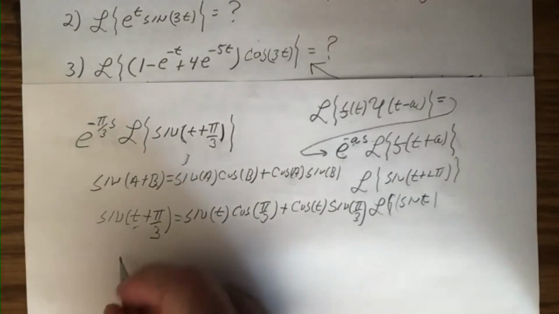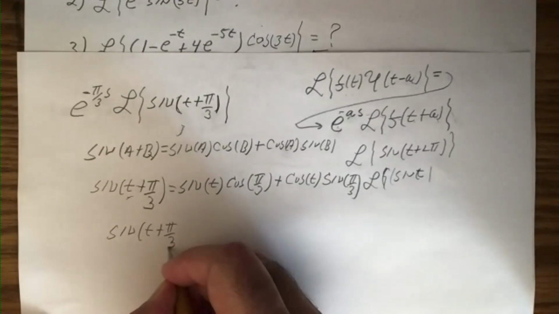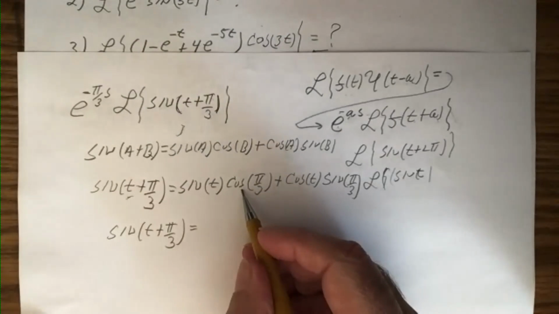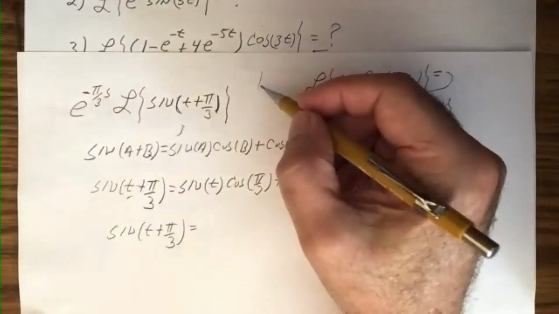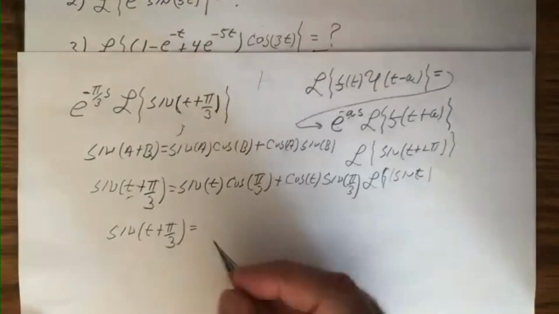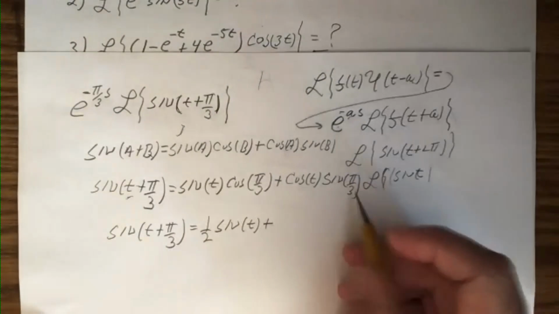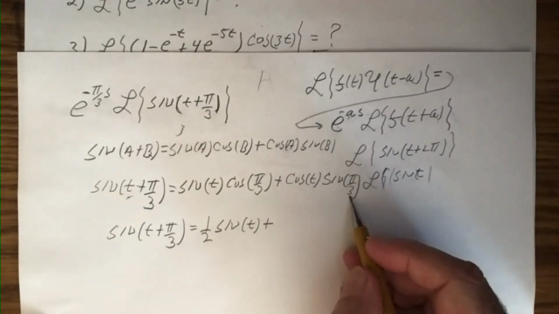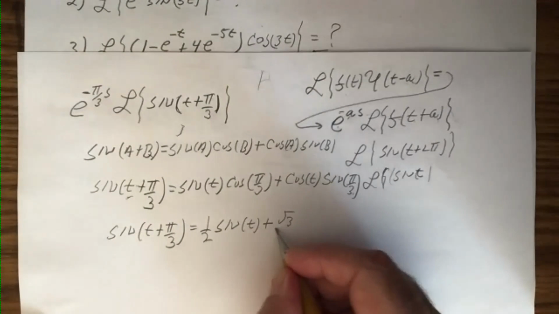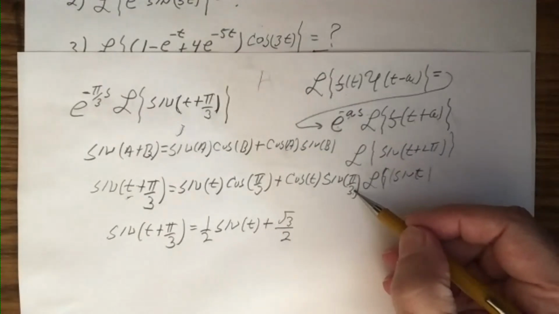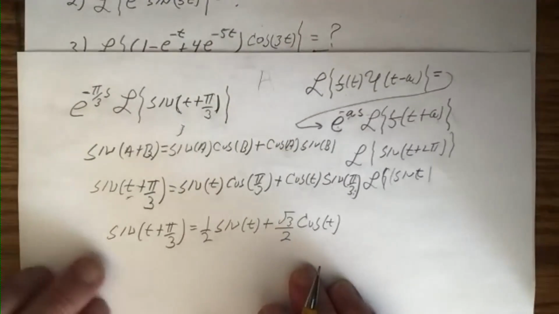Now, the cosine of pi over 3 is 1/2, so I get 1/2 the sine of t, plus the sine of pi over 3, which is the square root of 3 over 2, times the cosine of t.